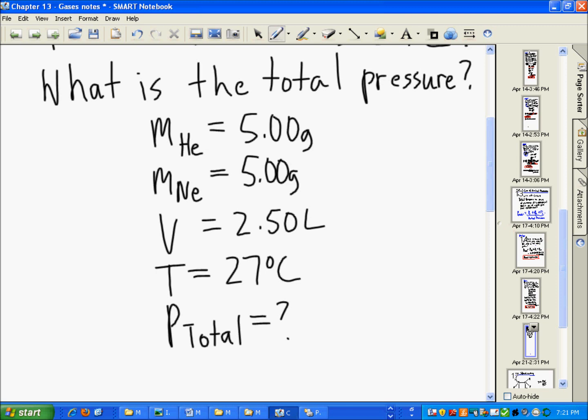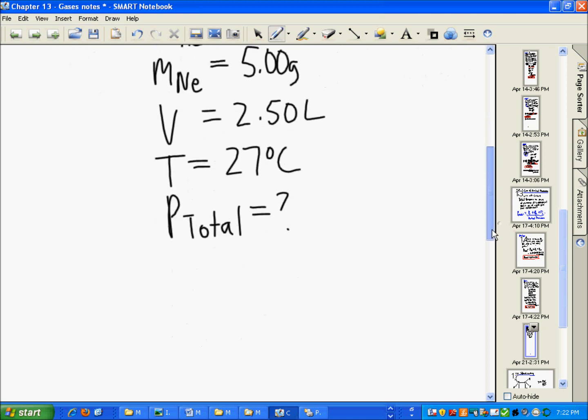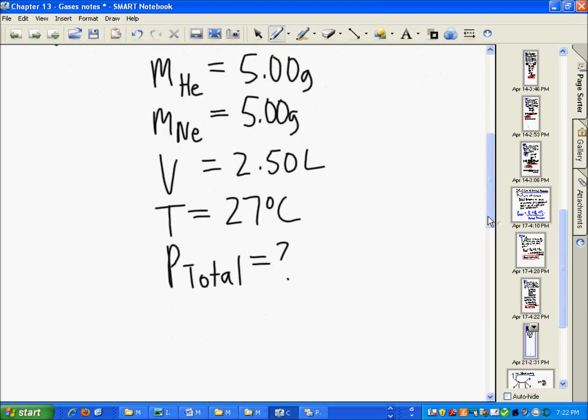It's not M1 and M2 in this case. It's a Dalton's law problem. So conditions aren't changing here. If conditions were changing, then it would be a combined gas law problem. Conditions aren't changing. We're dealing with a mixture of gases, but under a single set of conditions. So it's a Dalton's law problem because we have a mixture of gases. So the total pressure equals the partial pressures of the gases added together.